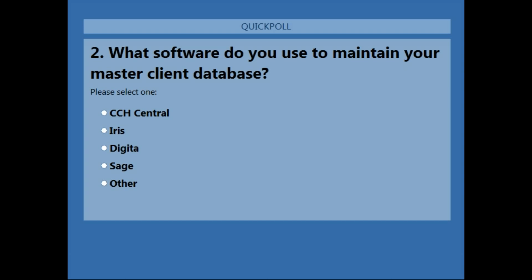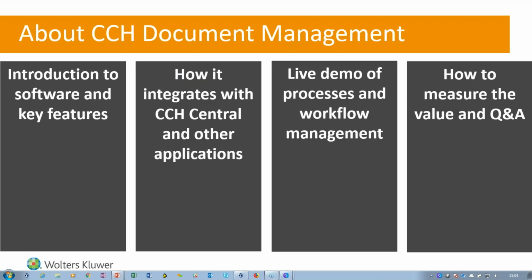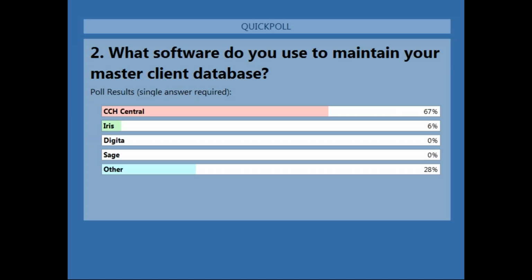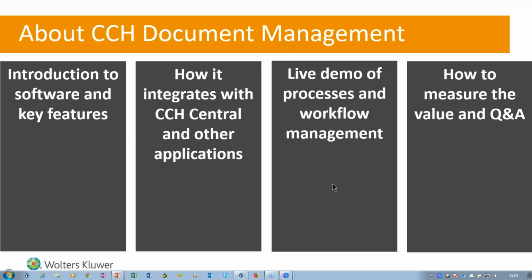And just a few more seconds. Okay, and just to share those results as well. Just over 2/3 currently use Central, 6% use Iris, and 28% use something else. Okay, excellent.